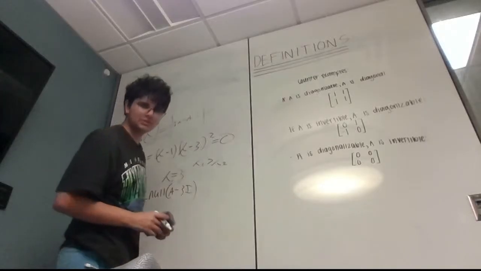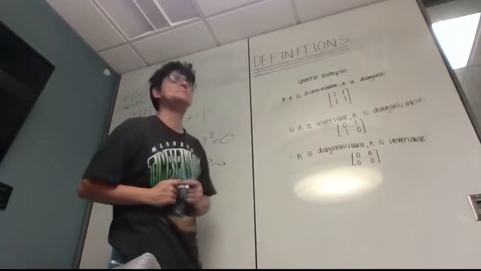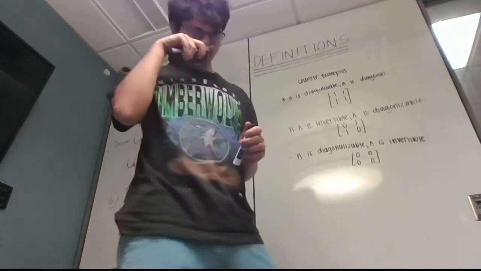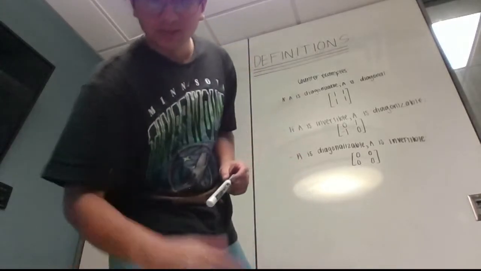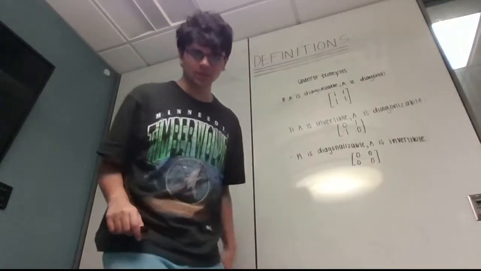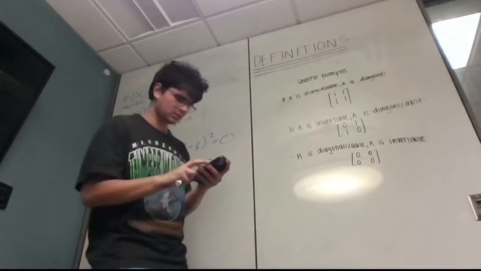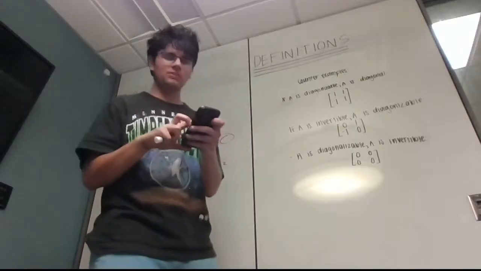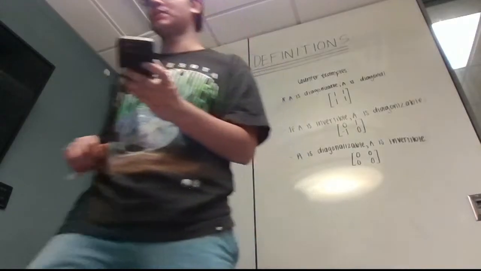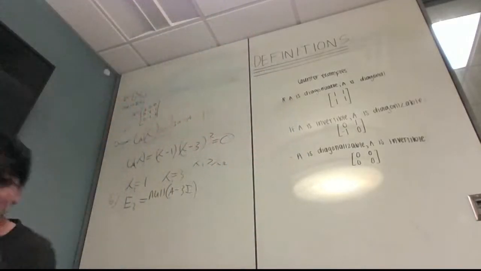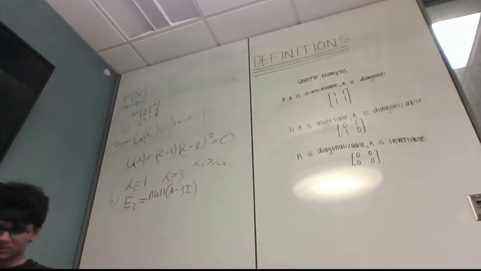So our null space essentially, okay, let me just refresh. Null space should be when the vectors are equal to 0, right?